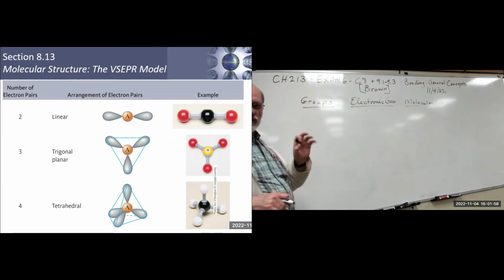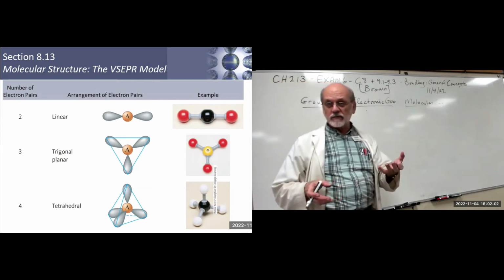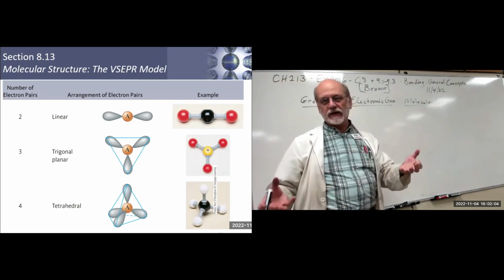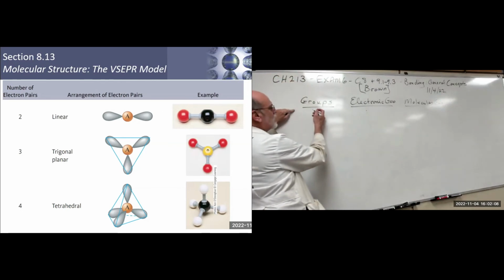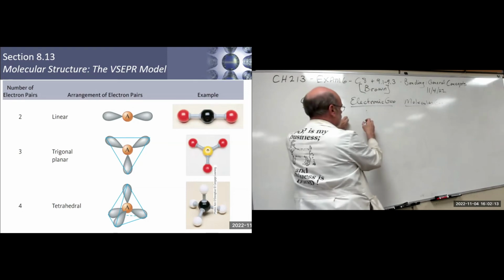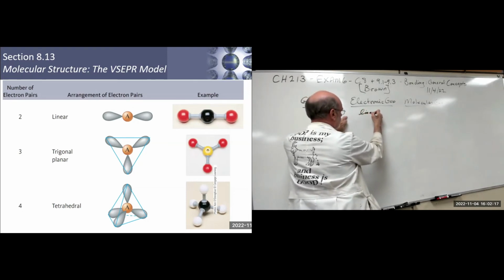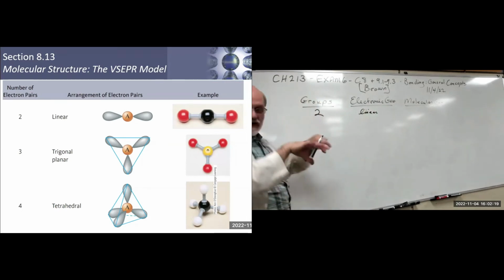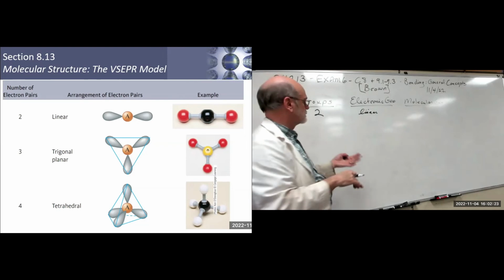Okay. So if you have two groups around the central atom, we don't go for one group, because what if you have one group? Right? Only two atoms? It's got to be linear. There's no other choice. So if we have two groups, then the electronic geometry would be linear. That gets the groups as far apart from each other as possible, and our example is carbon dioxide.